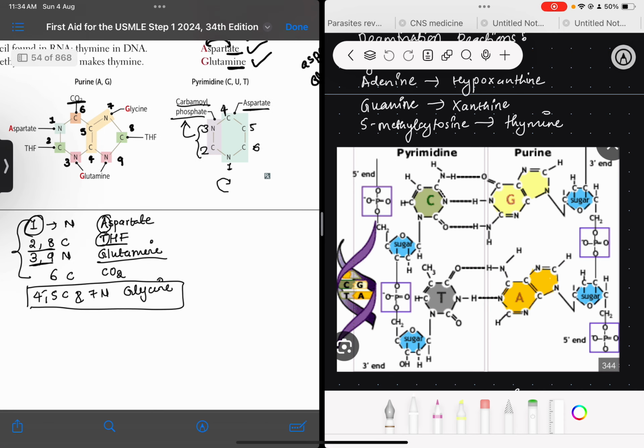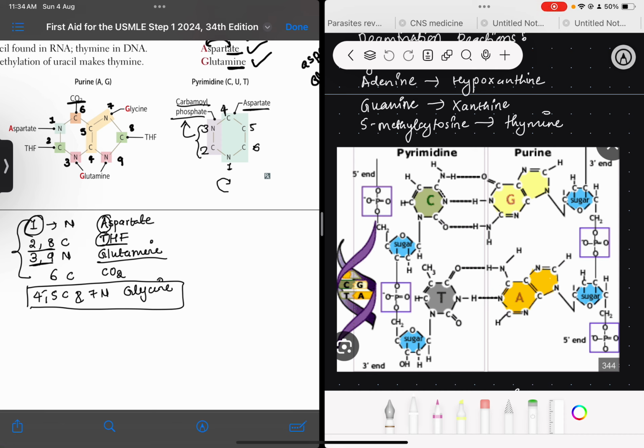So you can remember that the first, third, 7th and 9th, these 4 positions will be occupied by nitrogen only. So they are odd numbers except the fifth one. So 1, 3, 7 and 9. 1 is by aspartate, 3 and 9 are by glutamine, and the 7th nitrogen is by glycine.